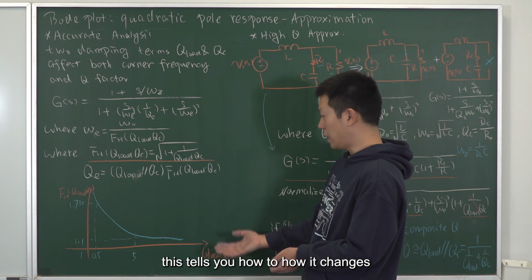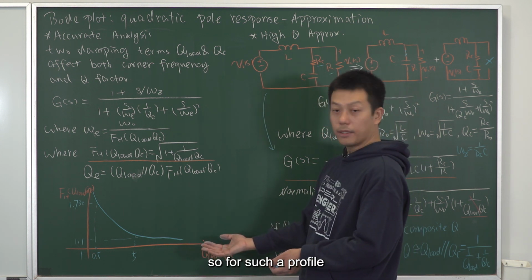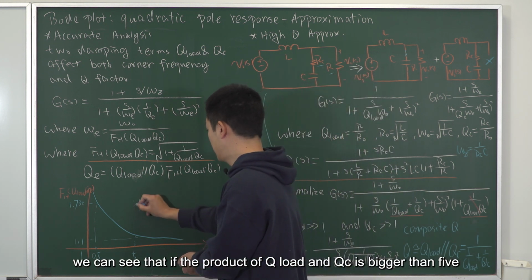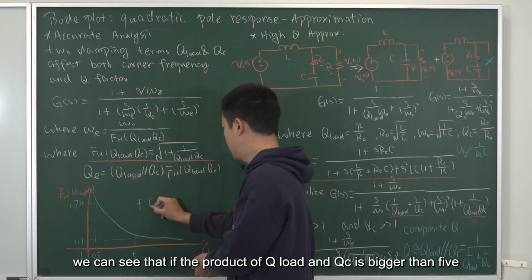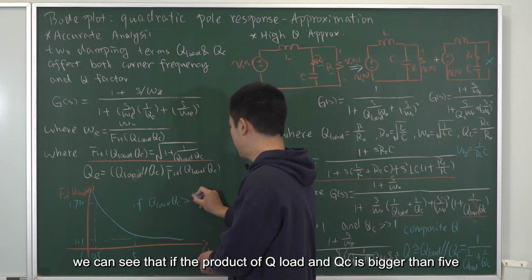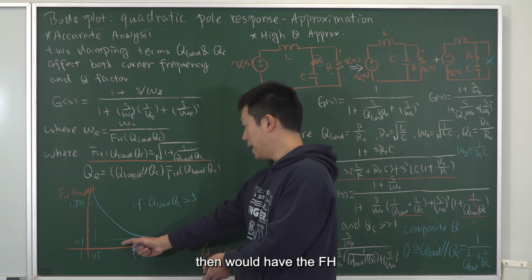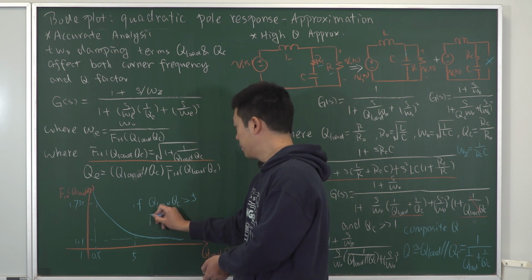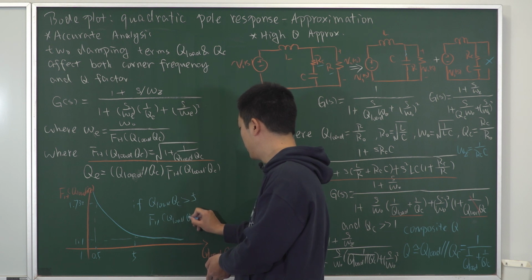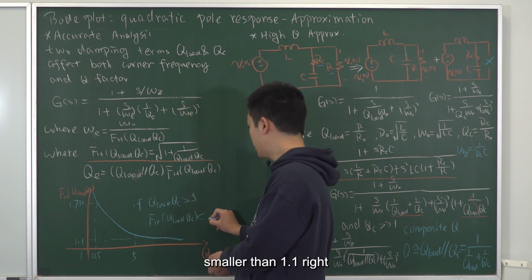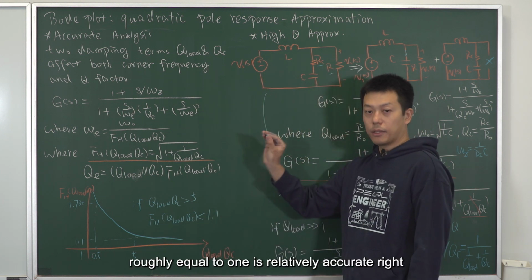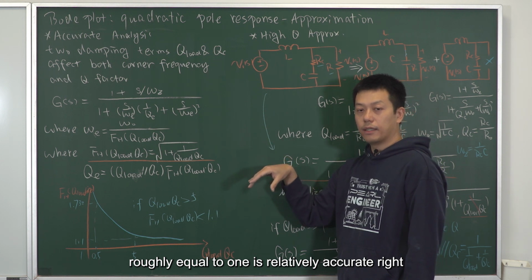This tells you how it changes. For such a profile, we can see that if the product of Q load and QC is bigger than 5, then FH is smaller than 1.1, so the assumption that 1.1 is roughly equal to 1 is relatively accurate.